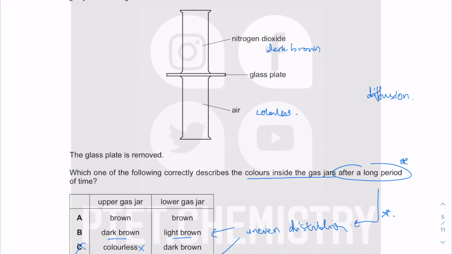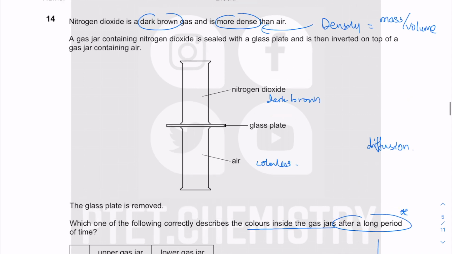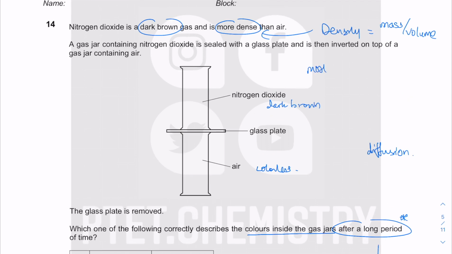The nitrogen dioxide is denser than air, so even though it will fill the gas jar, most of the NO2 nitrogen dioxide would stay at the bottom because it is denser than air. So what do we know then?